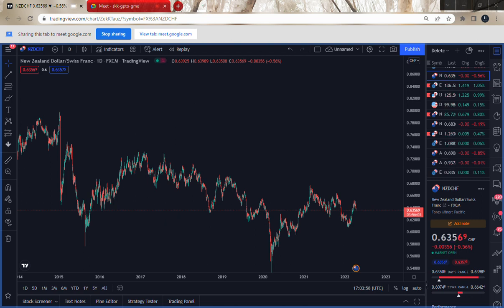US 100 index. Okay, what time frame is this one? It's daily. Oh, okay. No, I can see, because this is that Nasdaq. I don't think we use this one. Do we use this one?